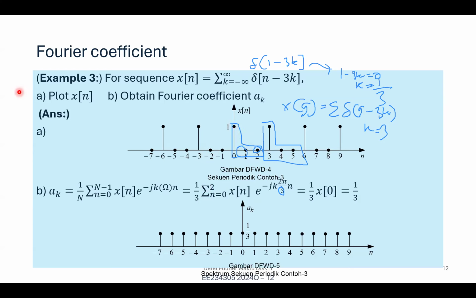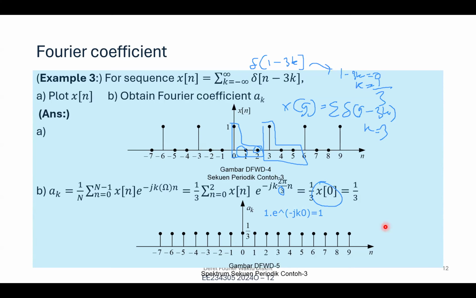So it's basically just the xn, or it's just 1, times e to the power of minus jk, and it has a value only at time 0, so that would be times 0 here, so this is 1. So it becomes 1/3 for all k.